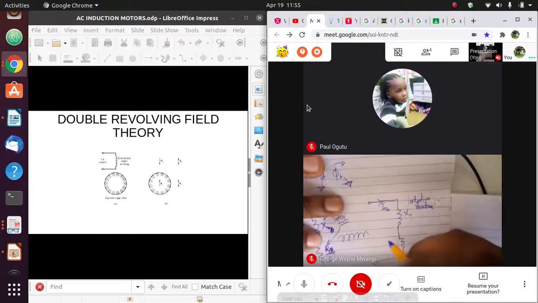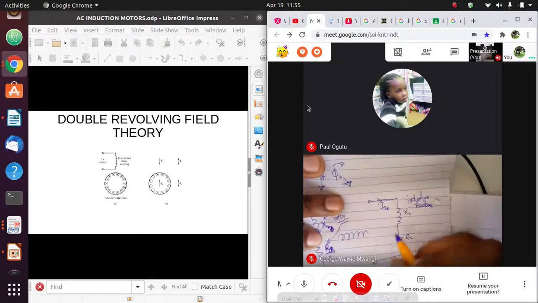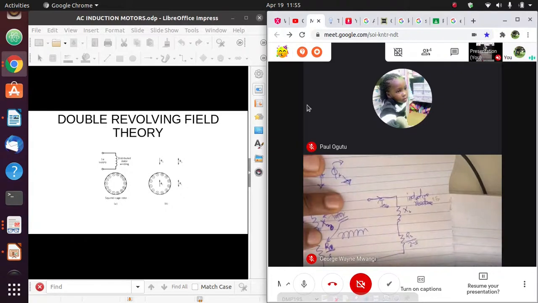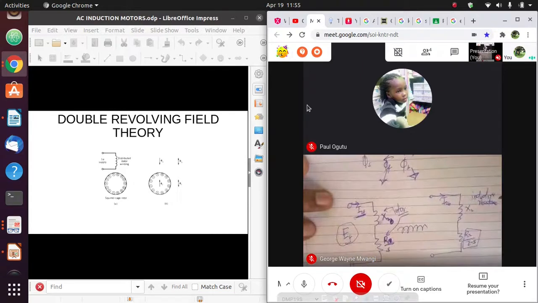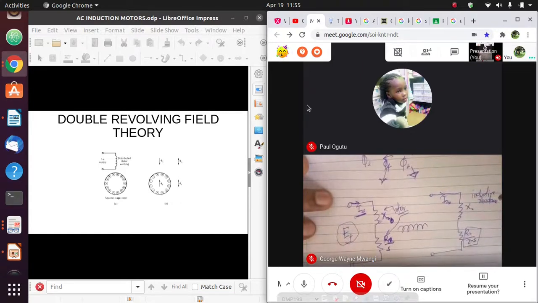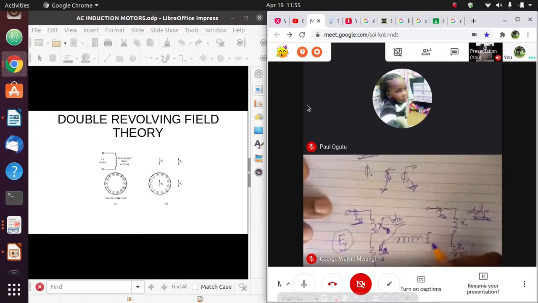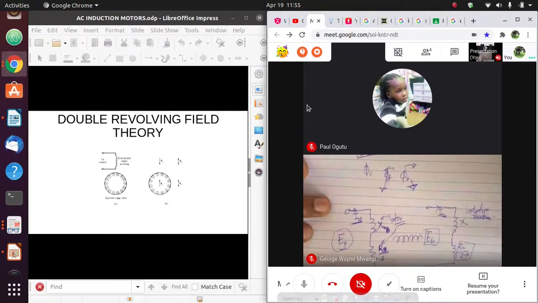We have the resistance, but now the resistance for the backward flux, the flux rotating in the backward direction, will be the resistance value divided by 2 minus s, the slip. Remember, these circuits are based upon the stator flux. And then we have the voltage being induced, but now in the backward direction, by the backward flux.